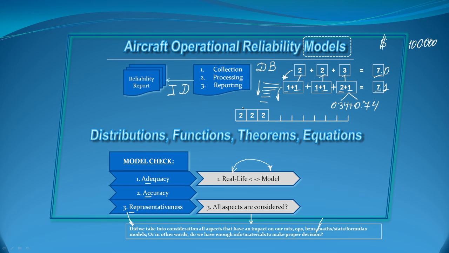So in January, we have 2 removals. In February, we have 2 removals. In March, we have 2 removals. For the remaining 9 months, we have 0, 0, 0, 0, 0. And our task, as in the previous slide, was to calculate an interval.